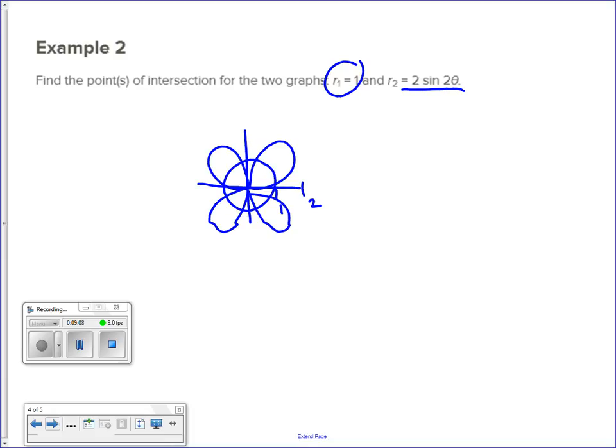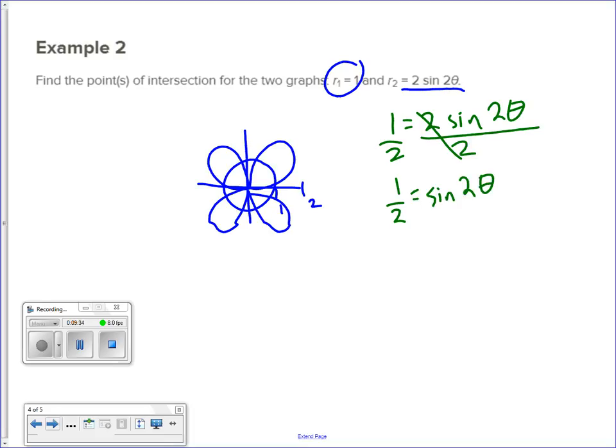So step 1, set them equal to each other. Lucky for us, this time there is only one trig ratio. It's a sine. So we're going to start solving for theta. So this is working from the outside in. We're going to divide by 2. 1/2 equals sine 2 theta.